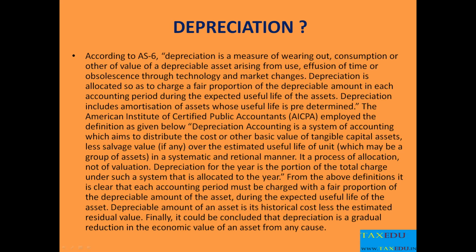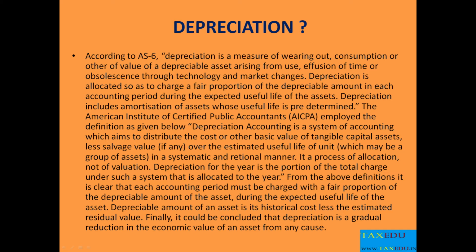What is depreciation? According to AS 6, which means Accounting Standard 6, depreciation is a measure of the wearing out, consumption or other loss of value of a depreciable asset arising from use, effluxion of time or obsolescence through technology and market changes.